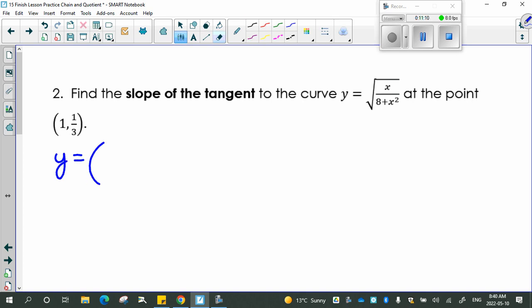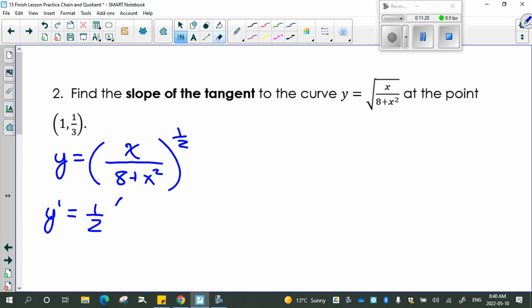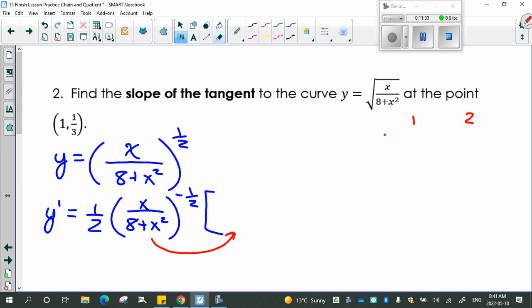So if I did it, I would do it like this. And then my y prime would be chain rule first, so a half times this to the negative half. And then times the derivative of what's inside, and that's where I would go and make my chart.